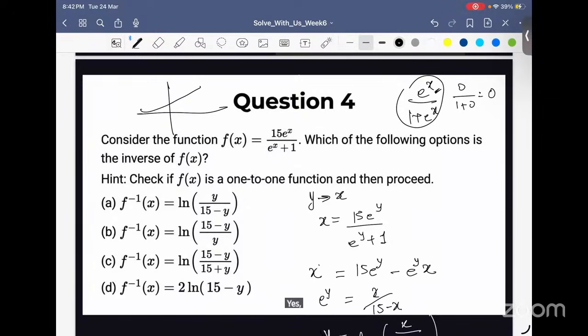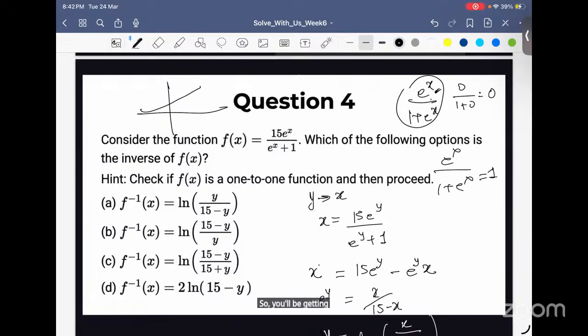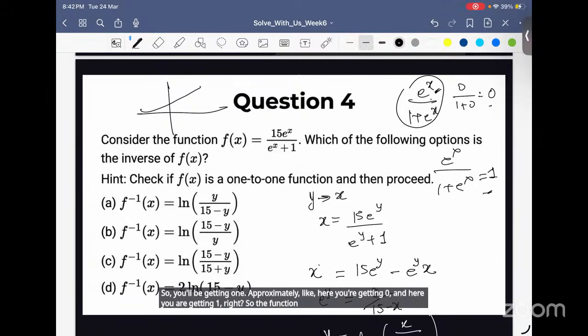And what can be the maximum value when e to the power x will be infinite, right? e to the power infinite upon 1 plus e to the power infinite, correct? So we'll be getting 1 approximately. Here you are getting 0 and here you are getting 1, right? So as x increases, the function value is increasing.